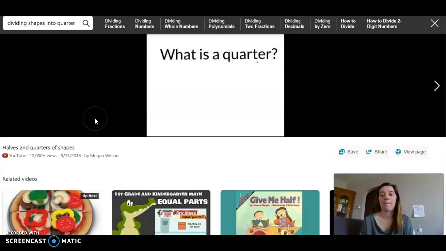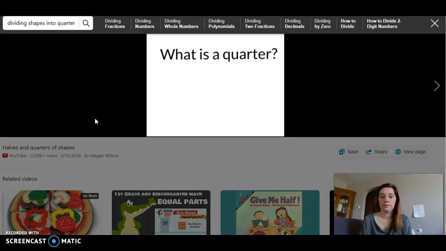What is a quarter? A quarter is when a shape or a set is divided into 4 equal parts. 4. You might see a quarter written like this. That's how we write 1/4 or 1/4.